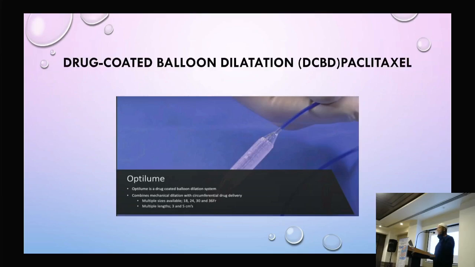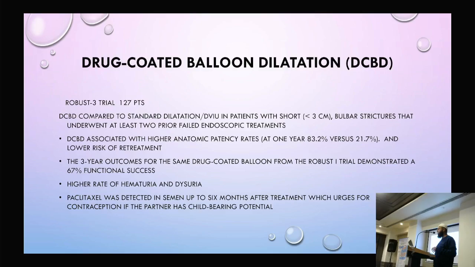Then under fluoroscopic guidance, the balloon is inflated to the pressure gauge, and the drug delivery is diffused over the stricture length, and it prevents scar formation. That is the principle. The overall efficacy is good: at the end of 1 year, 83% were stricture free, and 3-year data is available. We have 67% functional success.